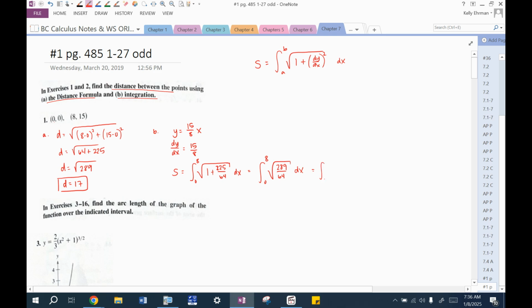So this is the integral from 0 to 8 of 17 over 8. And then if I integrate that, that's 17 over 8 times x. And we're going from 8 to 0. And yeah, we're going to get 17/8 times 8, so 17, minus 17/8 times 0. So you get 17 again. I think on my key I just said, yeah, okay, this is going to be 17. But that would be the math behind it.